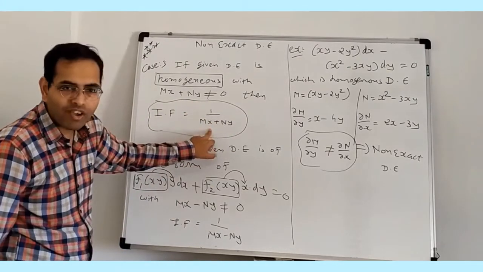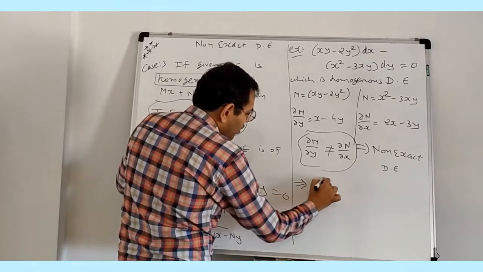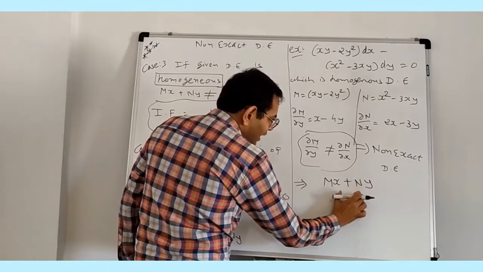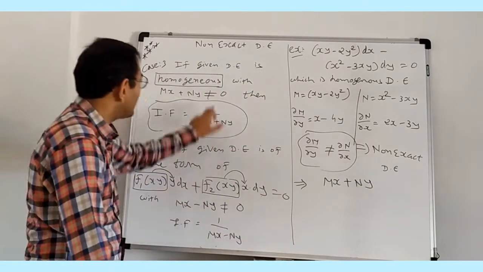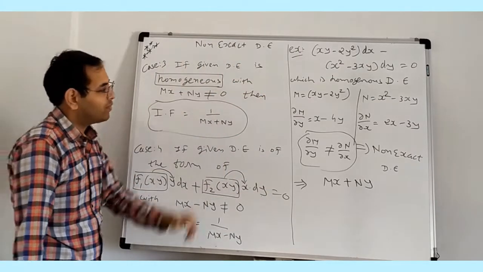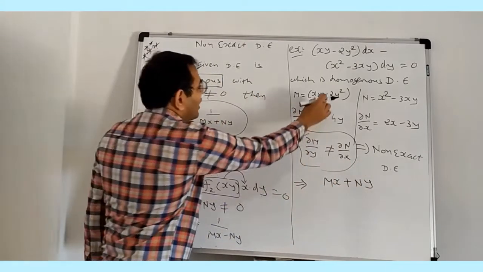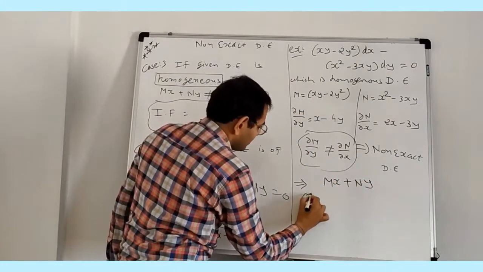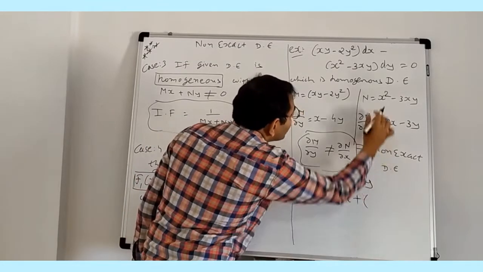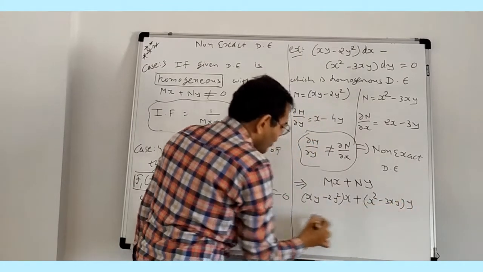First, before finding the integrating factor, we find the value of Mx plus Ny, and that value must not be equal to 0. Then substitute the values of M and N: M is xy minus 2y square into x, plus N is x square minus 3xy into y.